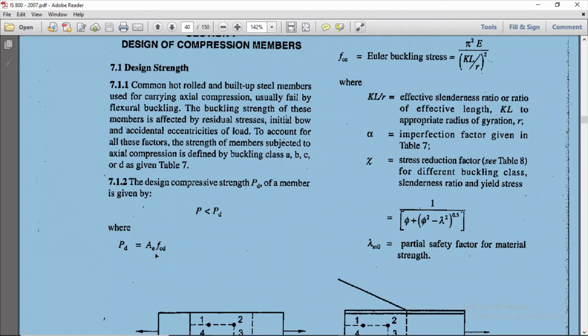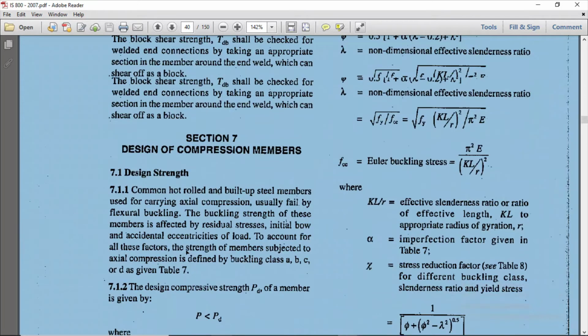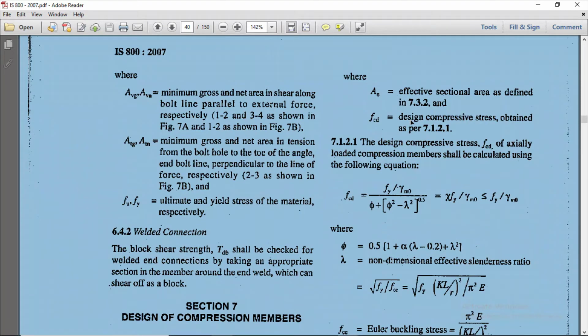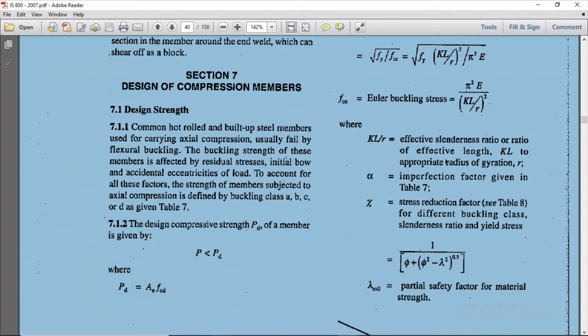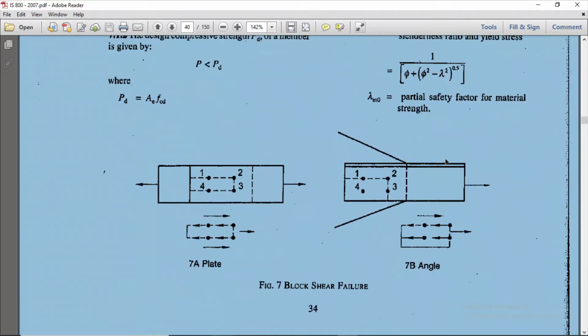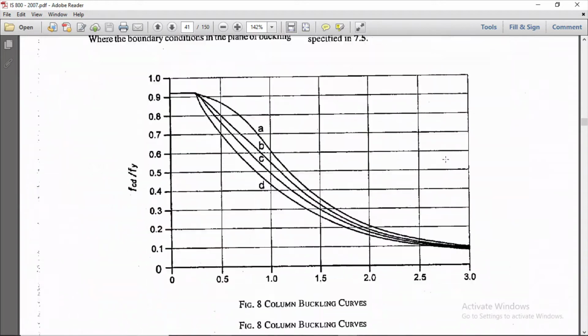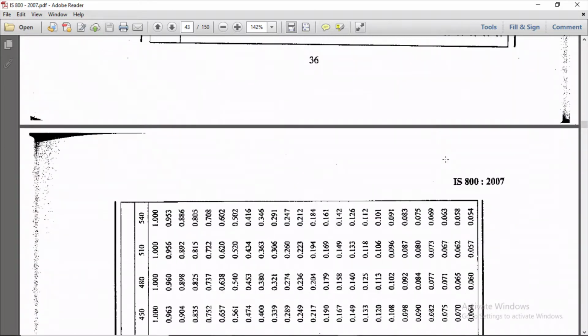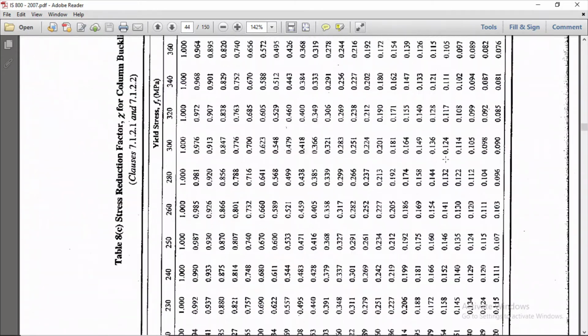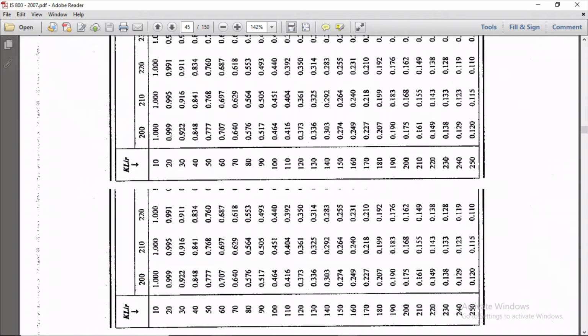You can find this FCD value, the design compressive stress, obtained from 7.1.2.1, if it is an axially loaded column. Ours we do not know what the value is, so we go to the tables. Then we go directly to page number 42 and see what is given over there.